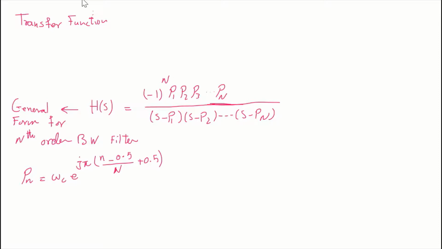And how did we get this general form? You need to do some math to get this, but you probably remember from chapter 5 the frequency response, H of omega, equals 1 over, for the Butterworth filter, 1 plus (omega over omega c) to the power of 2 times n.